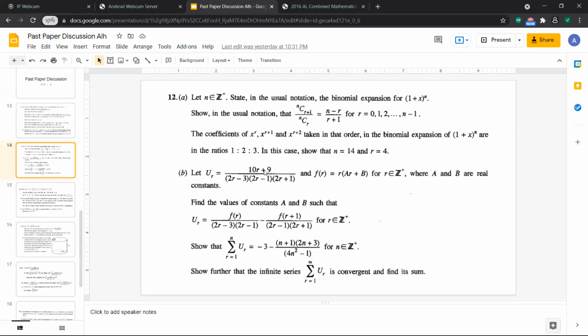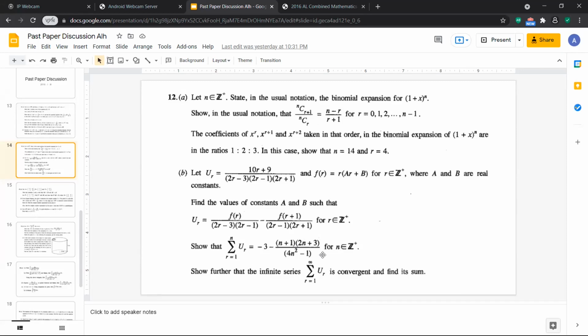So the next thing we need to do is check if this u(r) is in this format. So u(r) is given in this format, and we need to show that the summation of all u(r) up to n is equal to this.